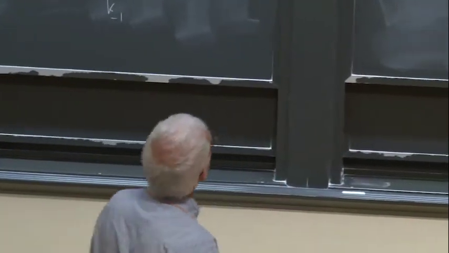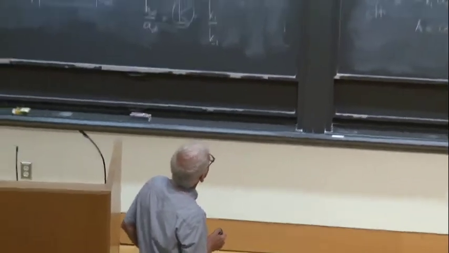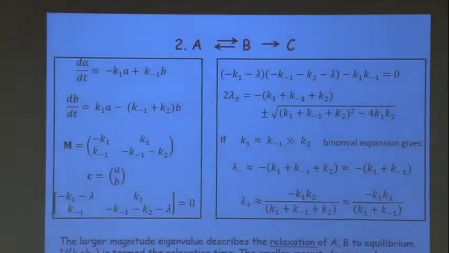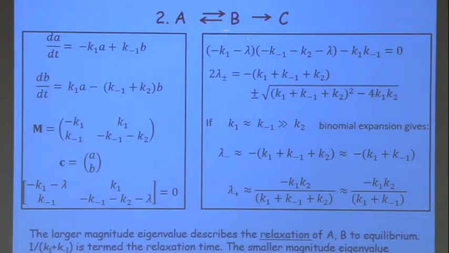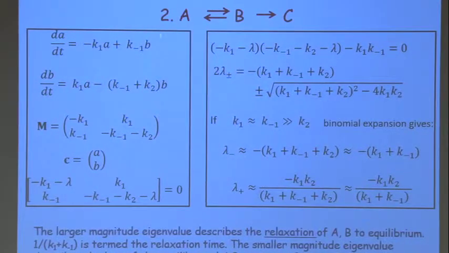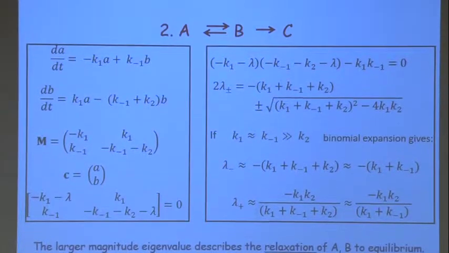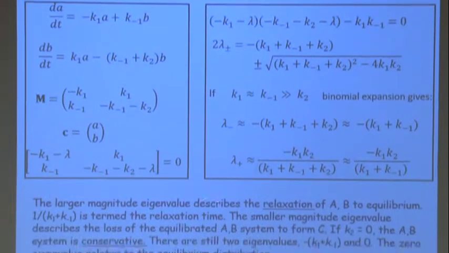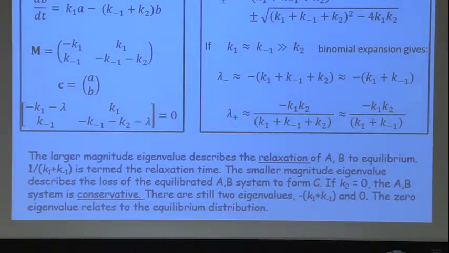An important point to note here is that it's basically a 2 eigenvalue problem. The whole system is conservative, and so there are 2 variable species. We can express it as a quadratic. So it's a 2 eigenvalue problem, and if k2 is equal to 0, then the smaller of those 2 eigenvalues is equal to 0.